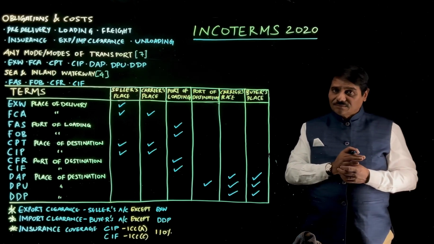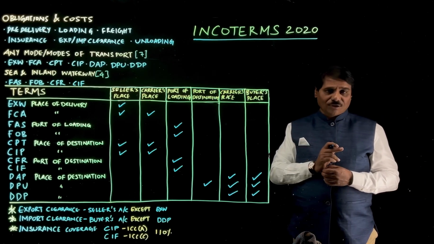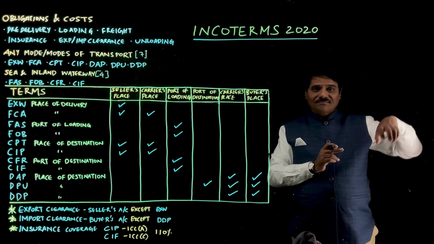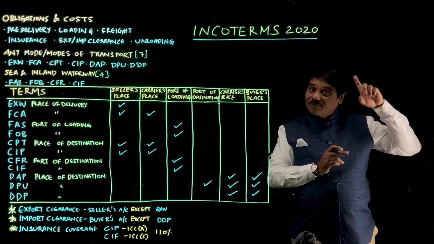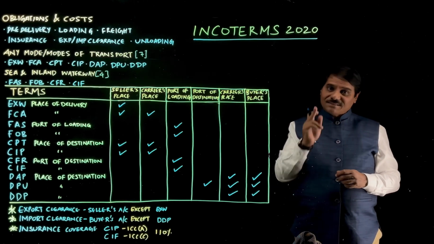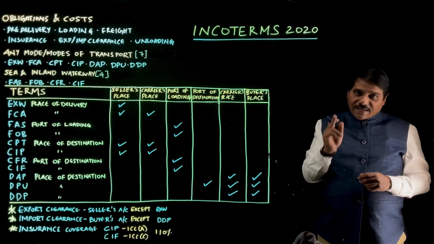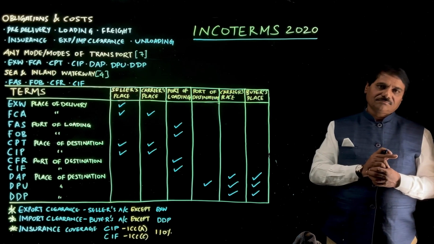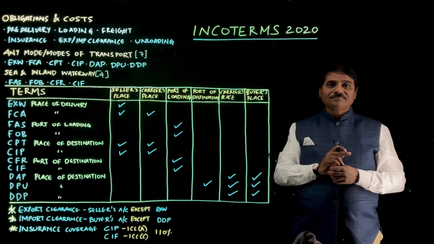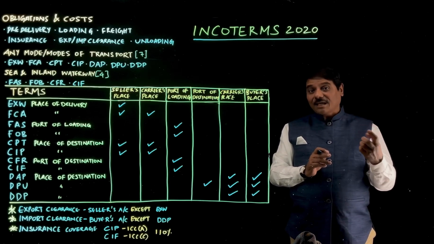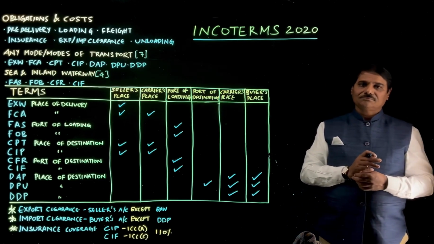But in this particular Incoterm, the import clearance also must be covered by the buyer only. Though seller is responsible to carry the goods up to that place, whatever the place, the import clearance must be taken care of by the buyer only.